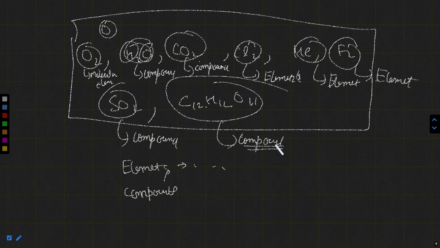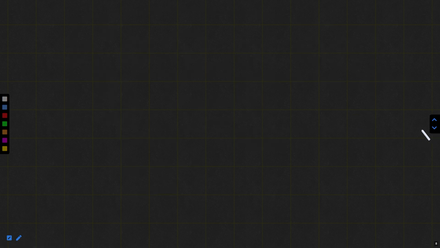Now if I ask you what is homogeneous and heterogeneous, as we have discussed, homogeneous mixtures are those in which the concentration is the same throughout the mixture.